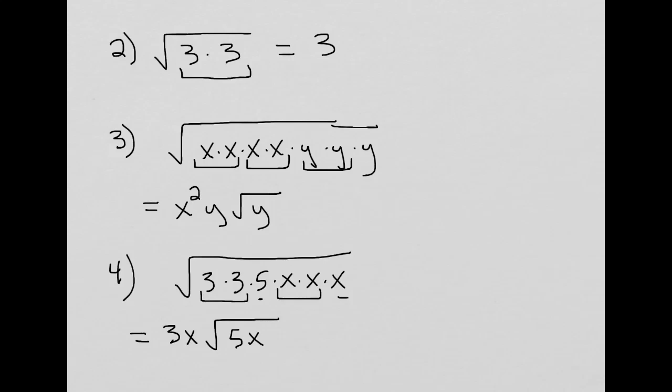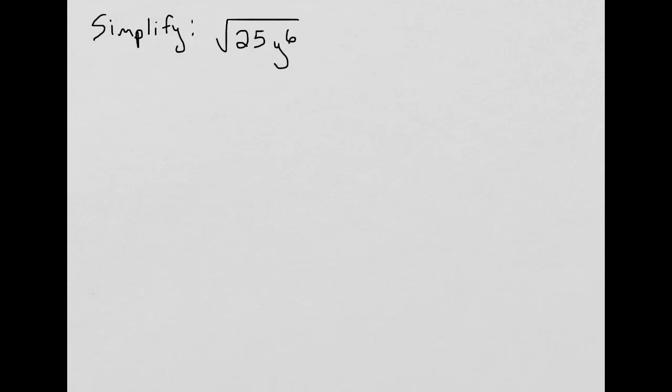So now let's go back and take a look at the original problem. So originally we had this guy. So my first step in simplifying a square root is I always want to factor both the number and then also the variable parts as much as possible. So if we start with the number, I've got 25.